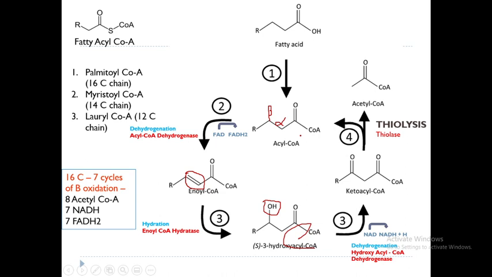When you calculate all these, you will get a total of 108 ATPs produced at the end of the beta oxidation process. And 2 of them will be utilized in the activation of the free fatty acid to form acyl-CoA. Therefore, 106 ATPs will be formed at the end of the reaction.